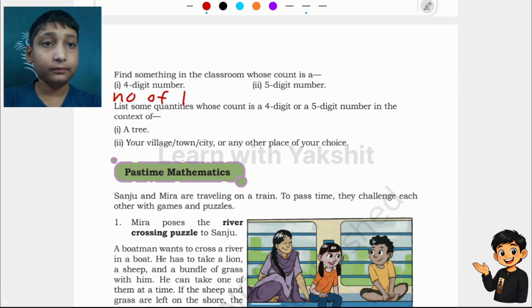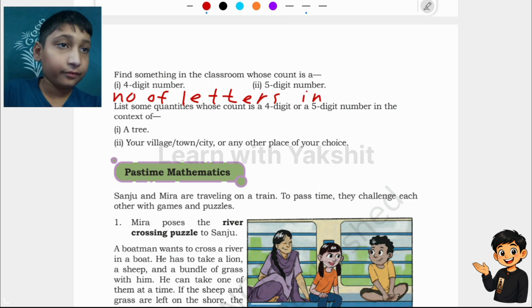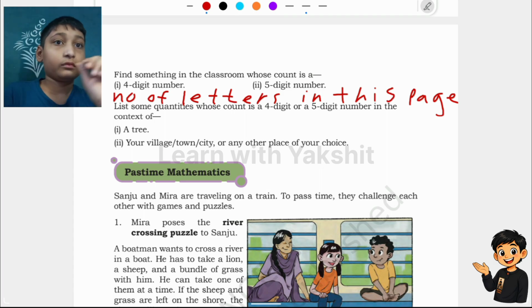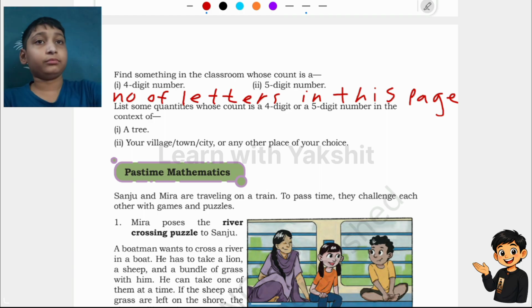Letters in this page. The answer is a little long.